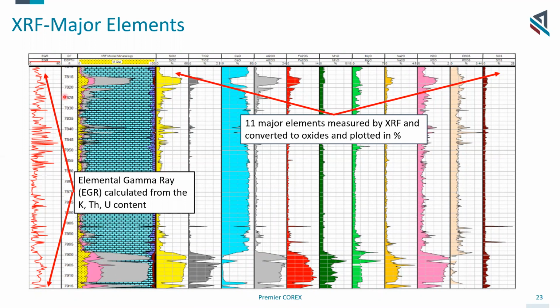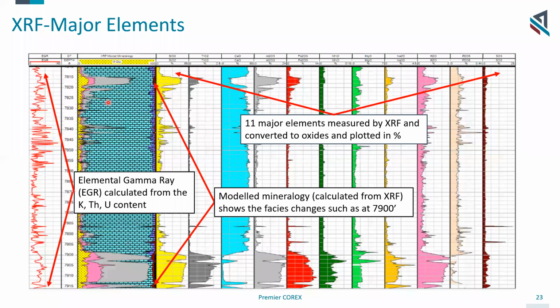We can generate an elemental gamma ray from the potassium, thorium, and uranium content. I should have pointed out that peak is also seen in the potassium here. And then we've modeled the mineralogy, and we've got a facies change quite evident down here at 7,900, where we change from calcite rich, which drops off.